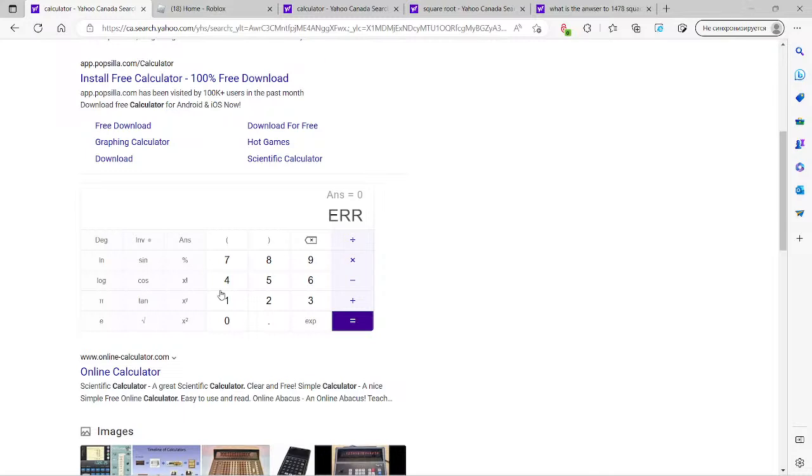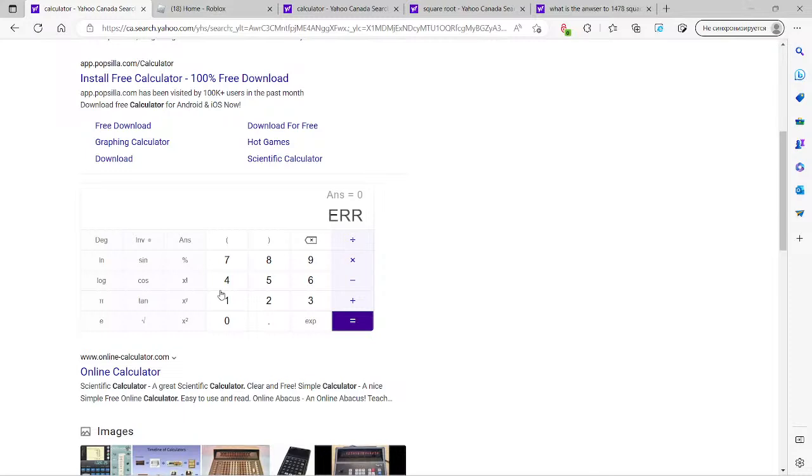Phone, let's see, calculator, Samsung calculator. Open, 1478, square root.